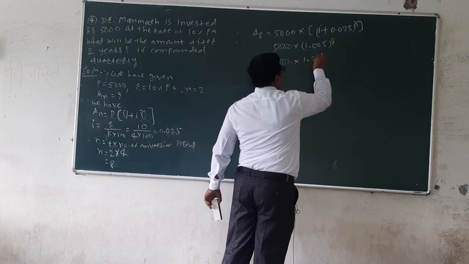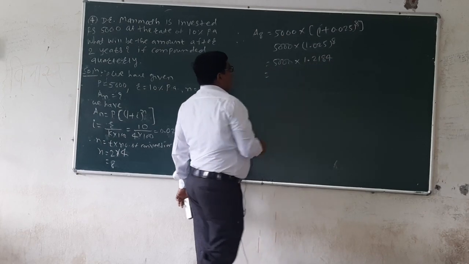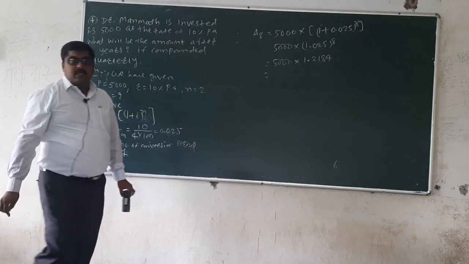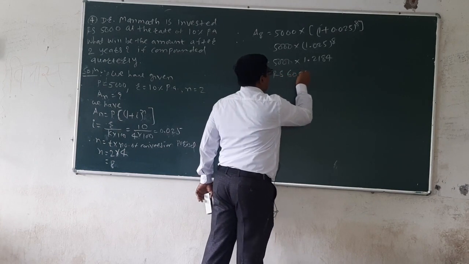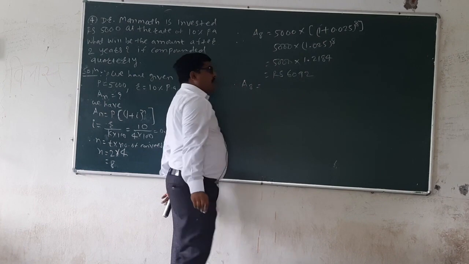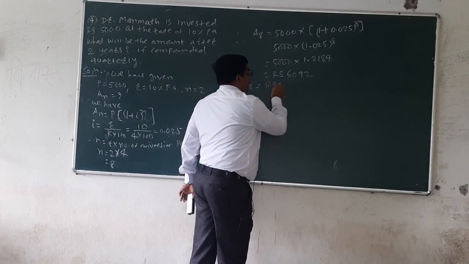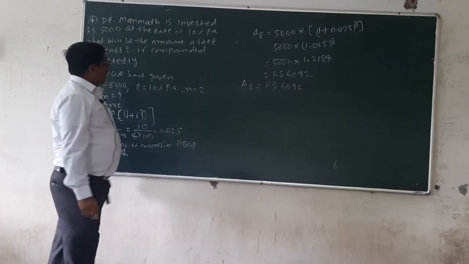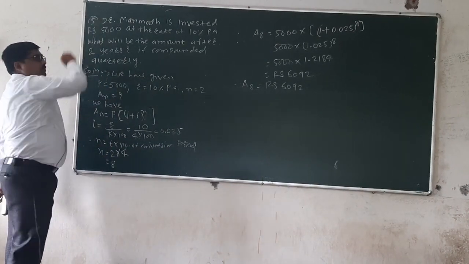So 5000 into 1.2184 becomes 6092 rupees. Therefore, the amount at the 8th payment period is rupees 6092.